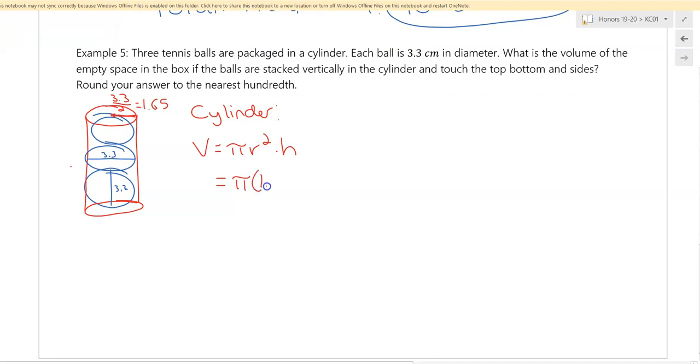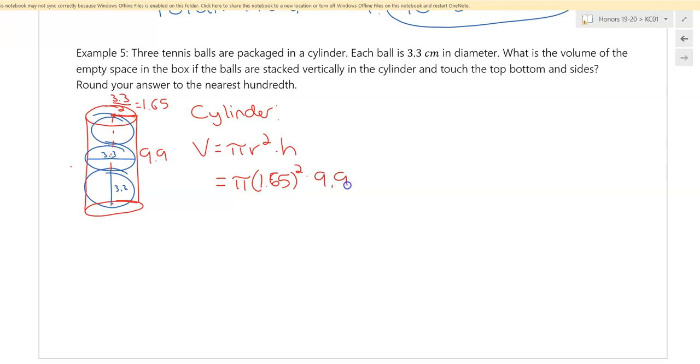So that volume is 1.65 squared. Now our height, I have 3.3, and then this is another 3.3 and another 3.3. So the total height is 9.9, so I'm adding that 3.3 3 times.